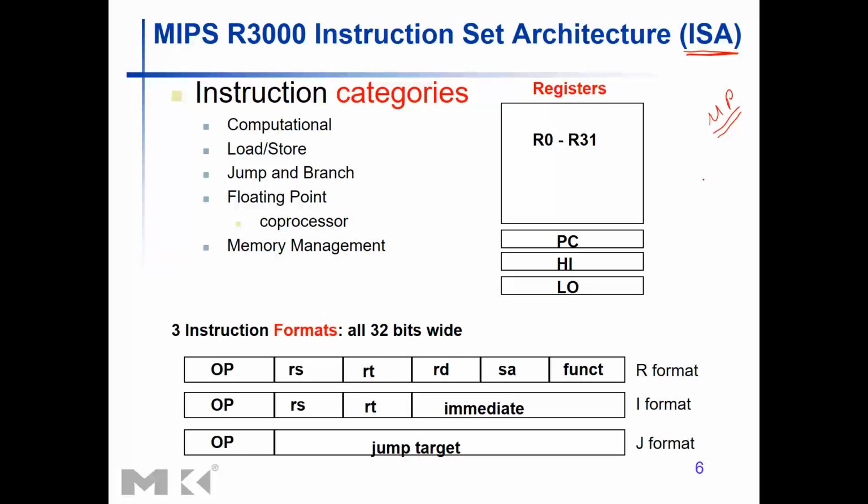So we need some sort of example machine. In this case, we will use the MIPS machine, which will be the example machine that we will carry with us.